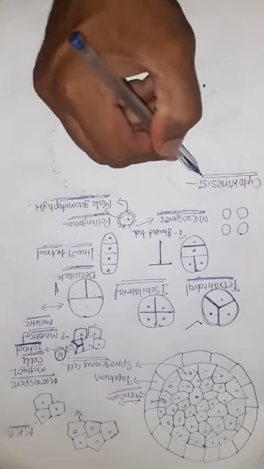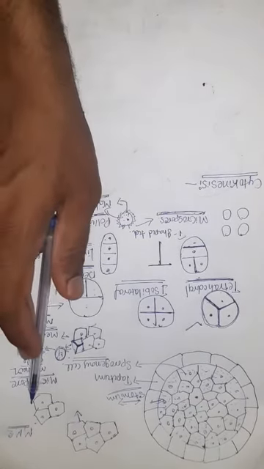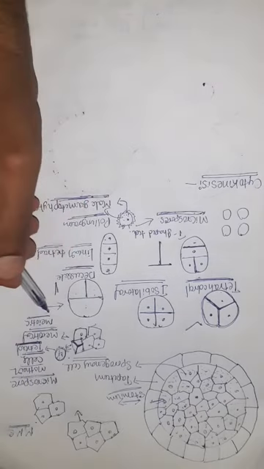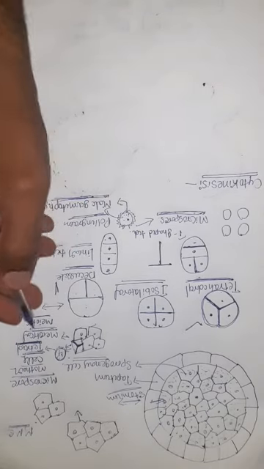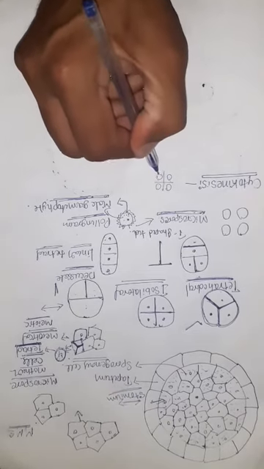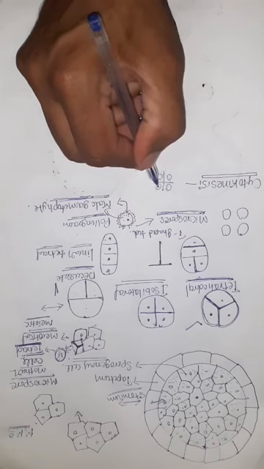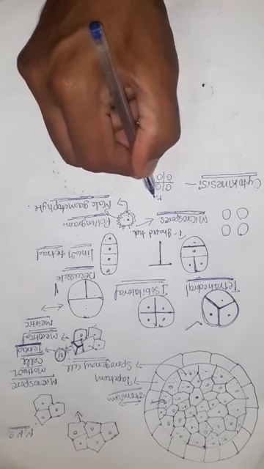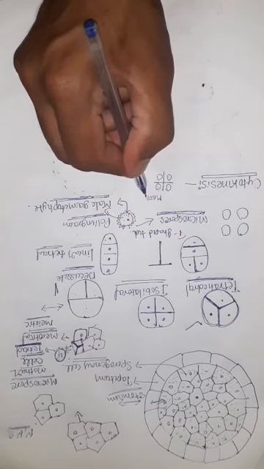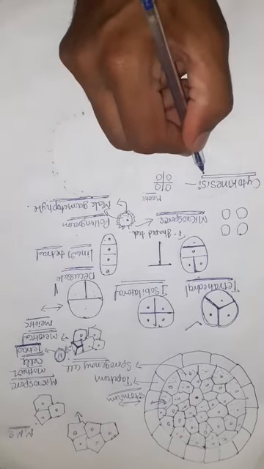Microsporogenesis. We already discussed that one microspore mother cell, that is the MMC, will undergo meiotic division, so that we get 4 microspores, or pollen grains, from one meiotic division. But how does cytokinesis take place?